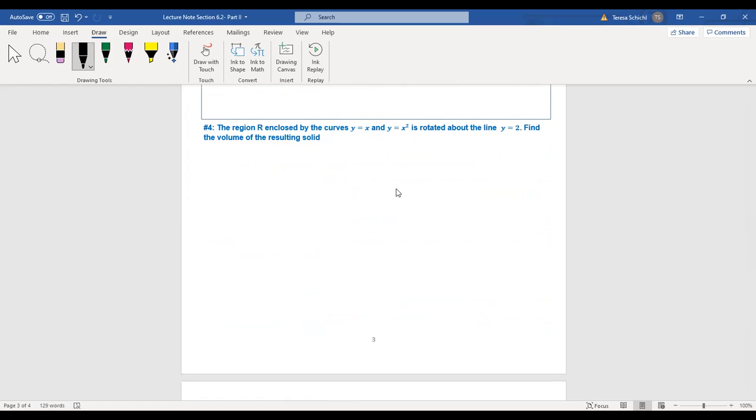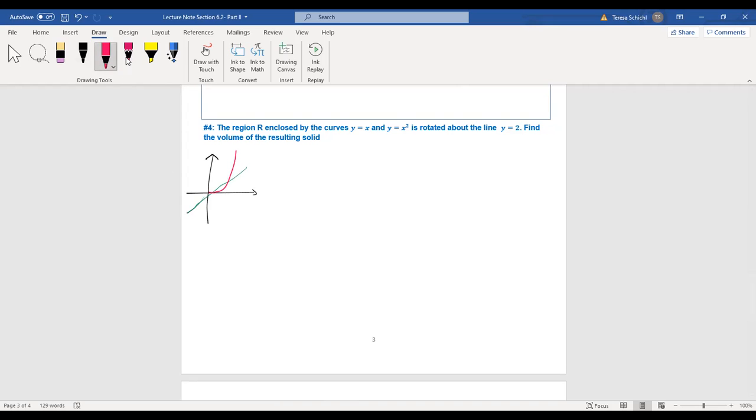First, let's do a quick graph. I'm going to make the graph a little bigger. y equals x is this line, and y equals x squared is this quadratic.